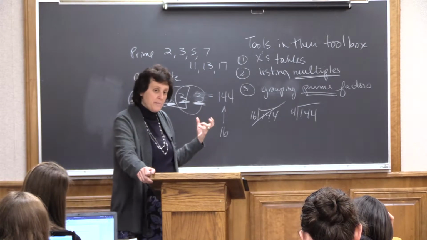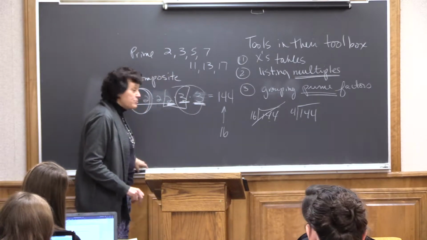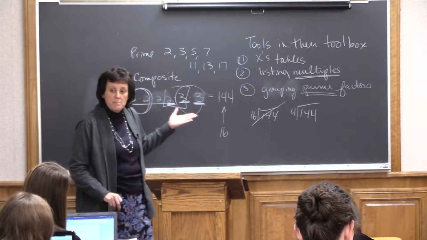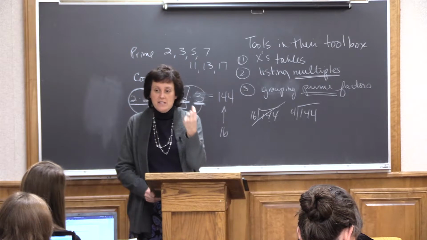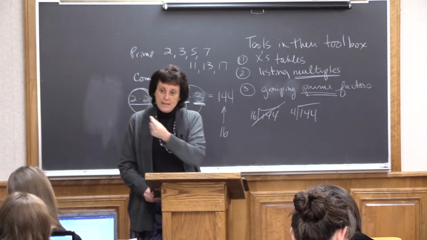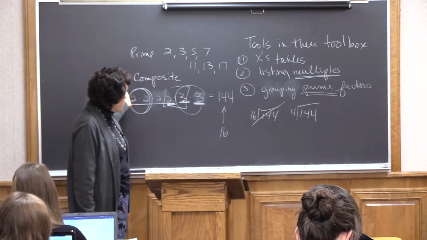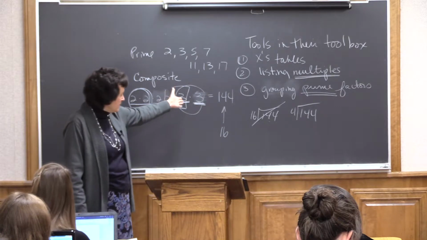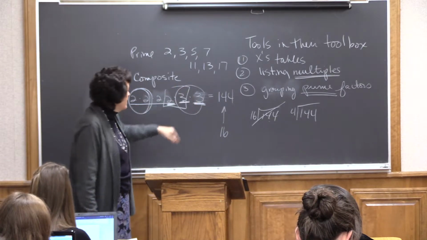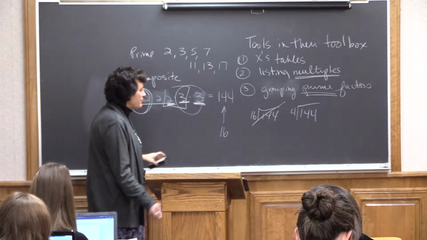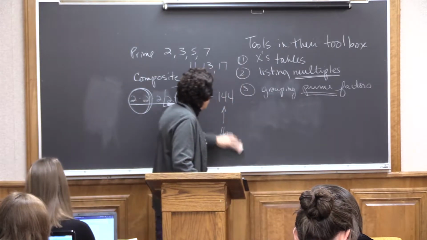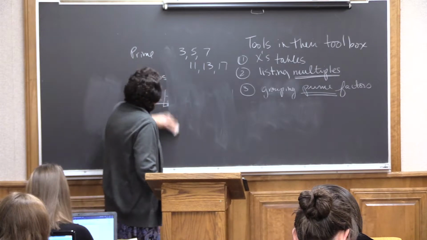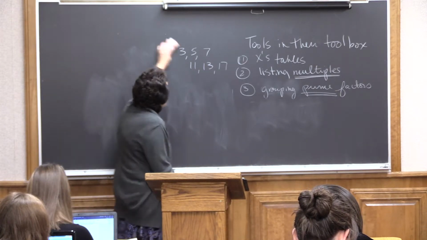How can we apply our composites? And then this will also cut down on making a mistake when you multiply to get your new numerator. If we're thinking of this 144 as being 4 2s times 2 3s, then we're not going to make mistakes, and we're not going to have to do all this scrap work in our margin or on another piece of paper. So now we're going to be grouping prime factors.